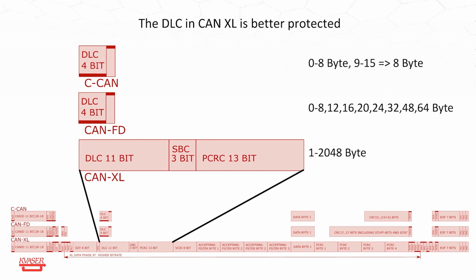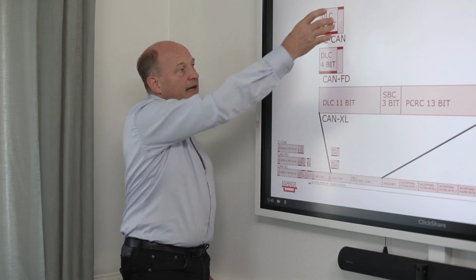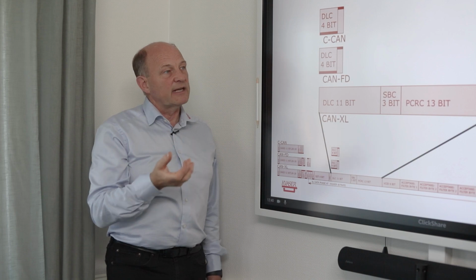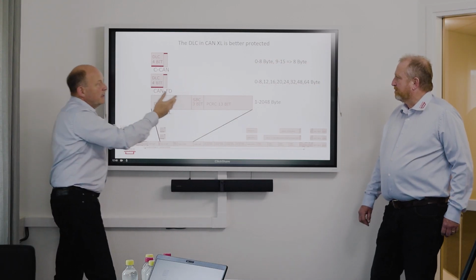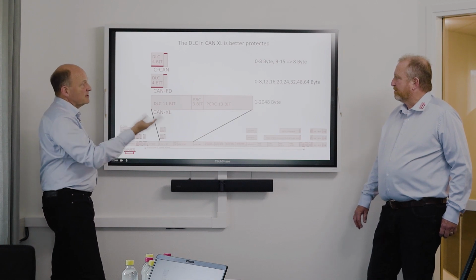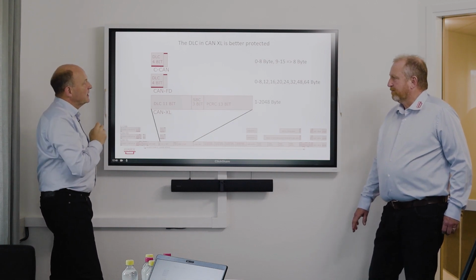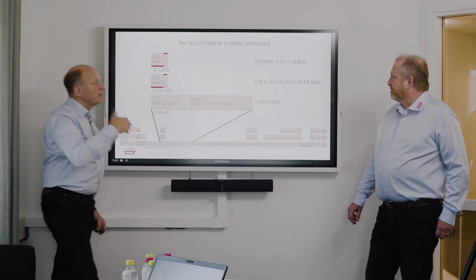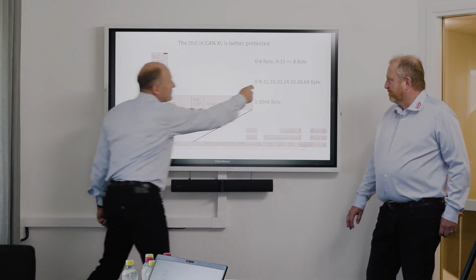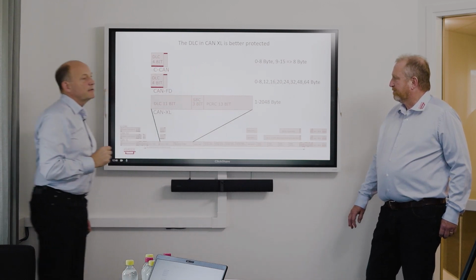So the next part we will jump into is the data length code. So we will come back here to the other section in the communication. Classical CAN and CAN FD had 4 bits for the data length code. Classical CAN used 0 to 8 bytes, and the numbers 9 to 15 still result in 8 bytes. In CAN FD, DLC numbers 9 to 15 mean 12, 16, up to 64 bytes.